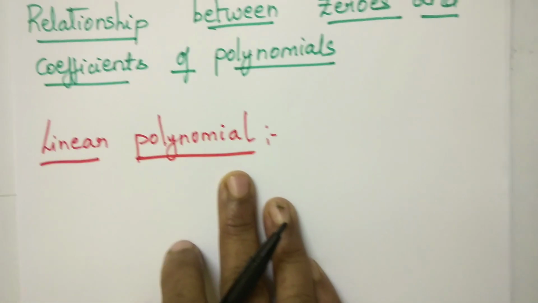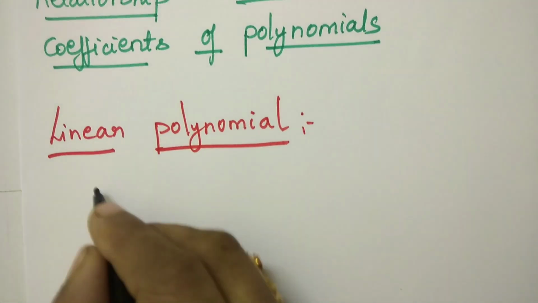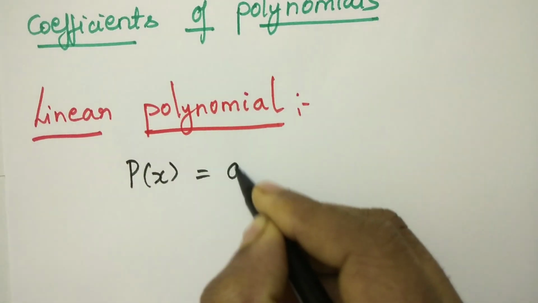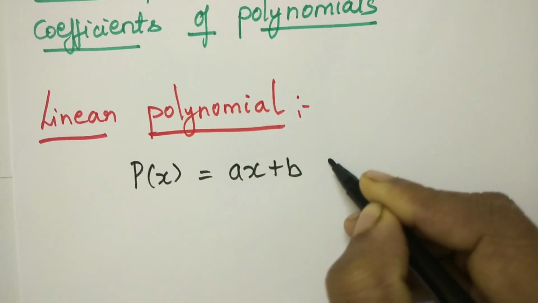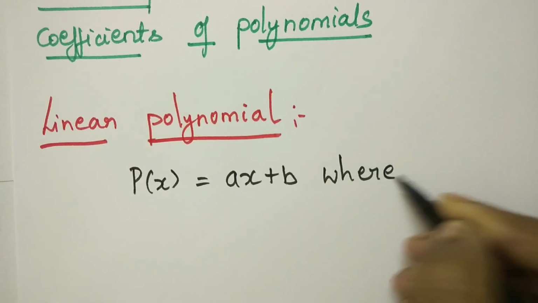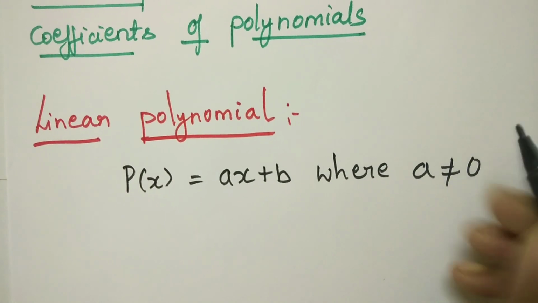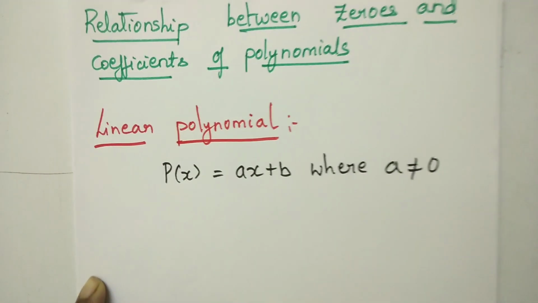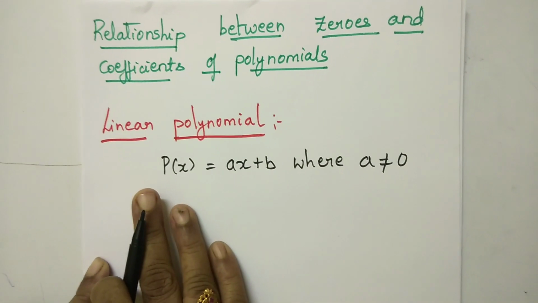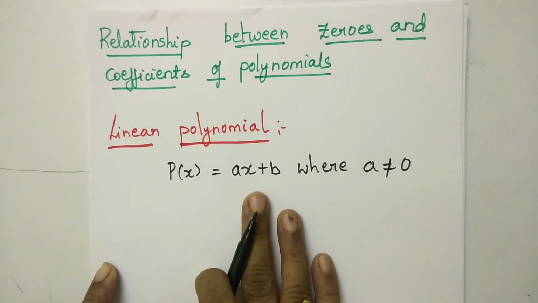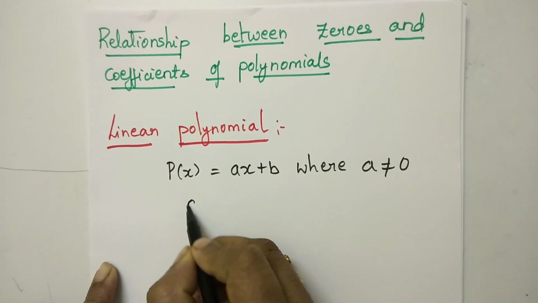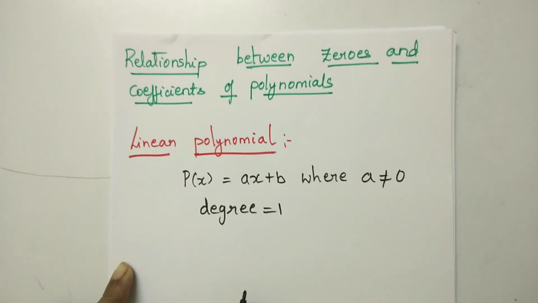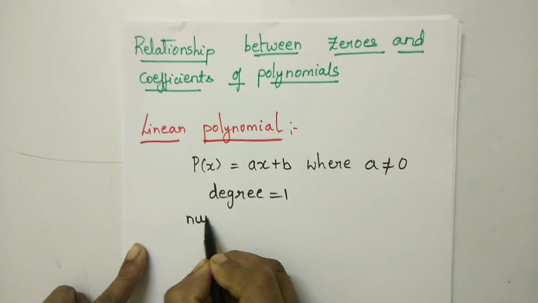For a linear polynomial, we learned that the general algebraic expression is of the form p of x is equal to ax plus b, where a is not equal to 0. If this is the algebraic expression, first you have to look at the degree of the polynomial. This is a linear polynomial. We know that the degree of this polynomial is 1. So the number of zeros will be 1.